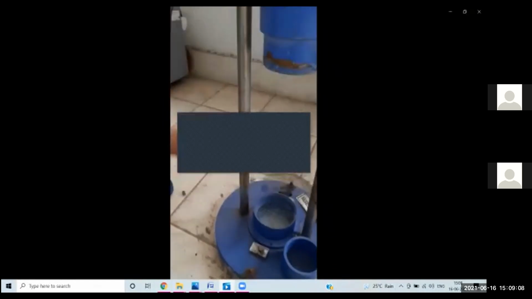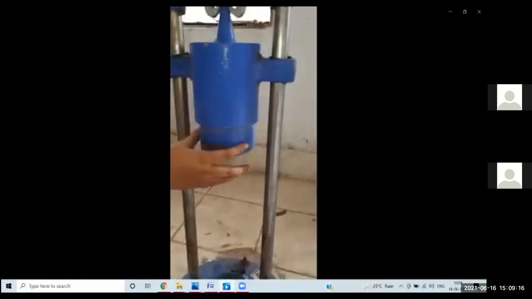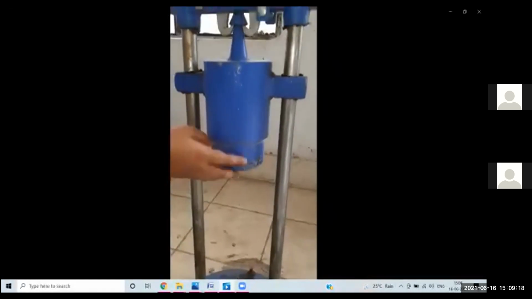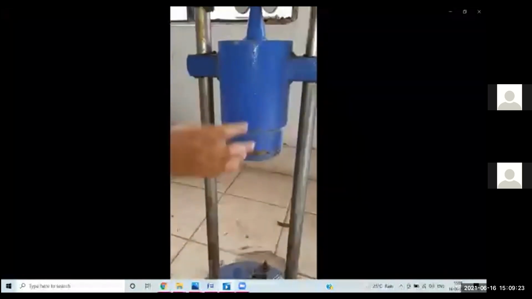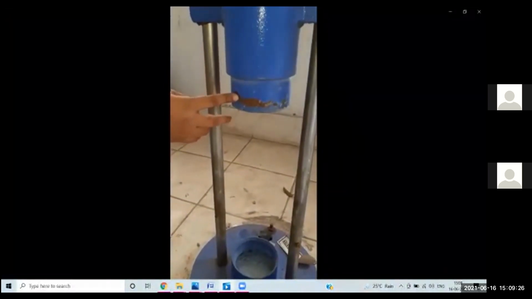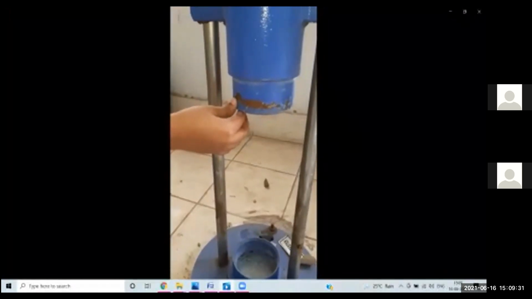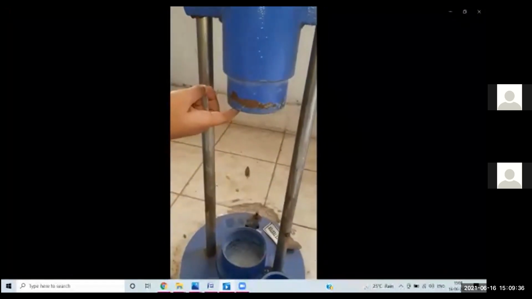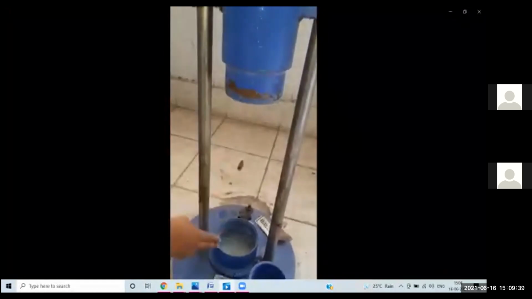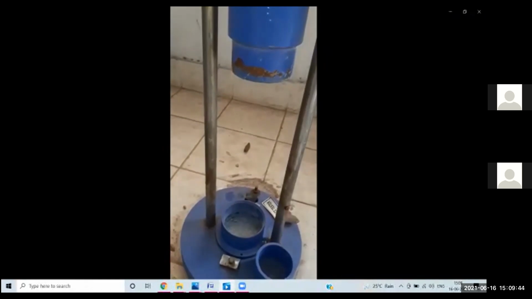It has two vertical guides. This is the metal hammer, weight 13.5 to 14 kg. The lower end is cylindrical, 50 mm long and 100 mm diameter. The height of free fall is 380 plus minus 5 millimeter.